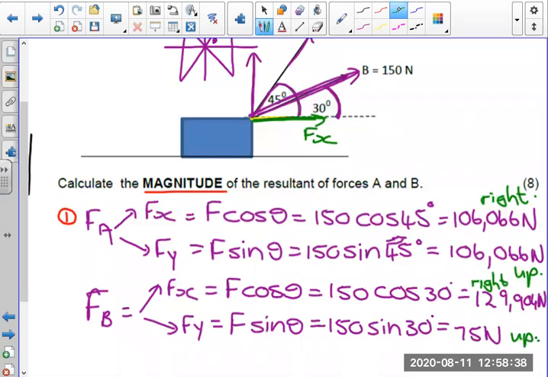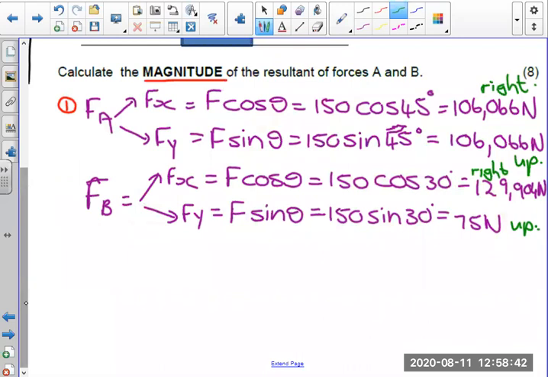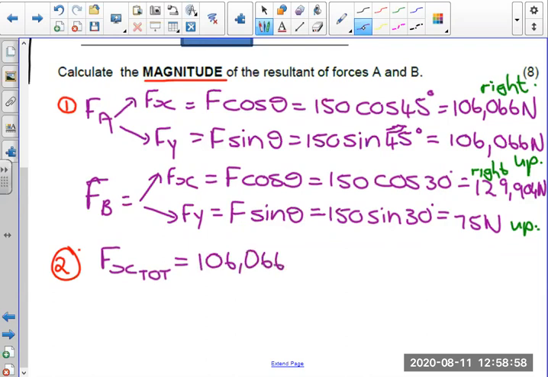That was step 1. Step 2 that we're going to do is to add all the x's and all the y's. So step 2, I'm going to say Fx total. Now both are to the right, so I'm going to have 106,066 plus 129,904.